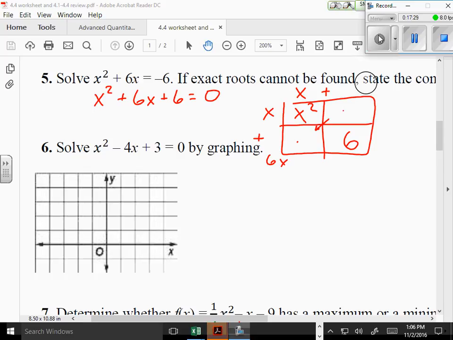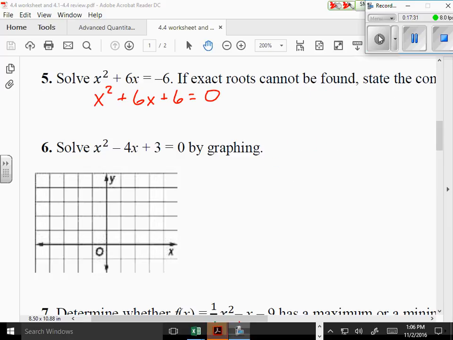So take it, put it into Y1, and go to the table. And you're looking for where it changes from a negative number to a positive number, or a positive number to a negative number. Because in between there is 0. You may not see 0 anywhere on the Y list.